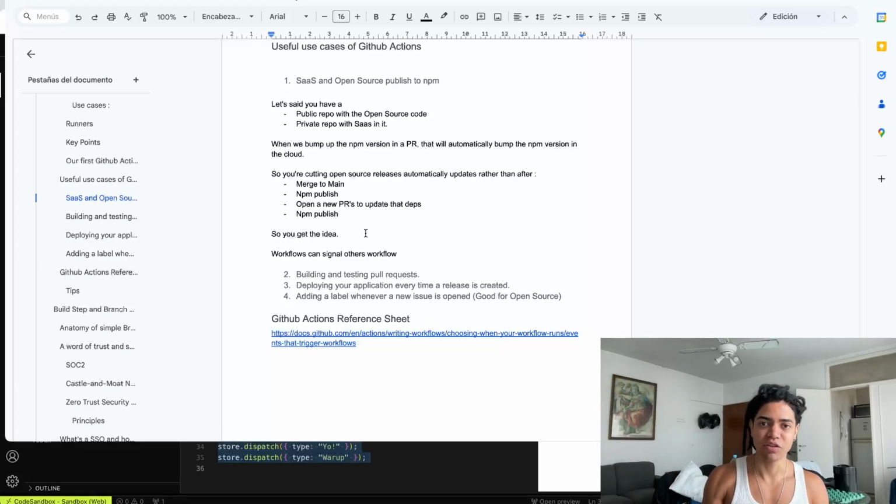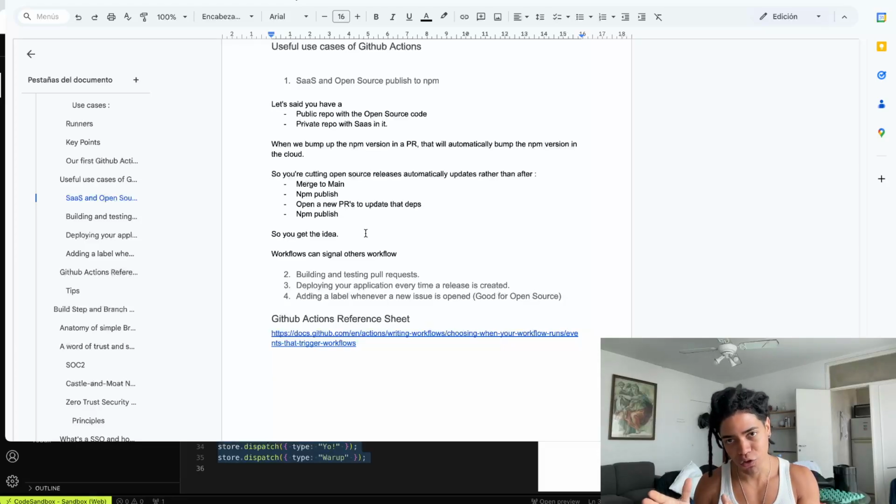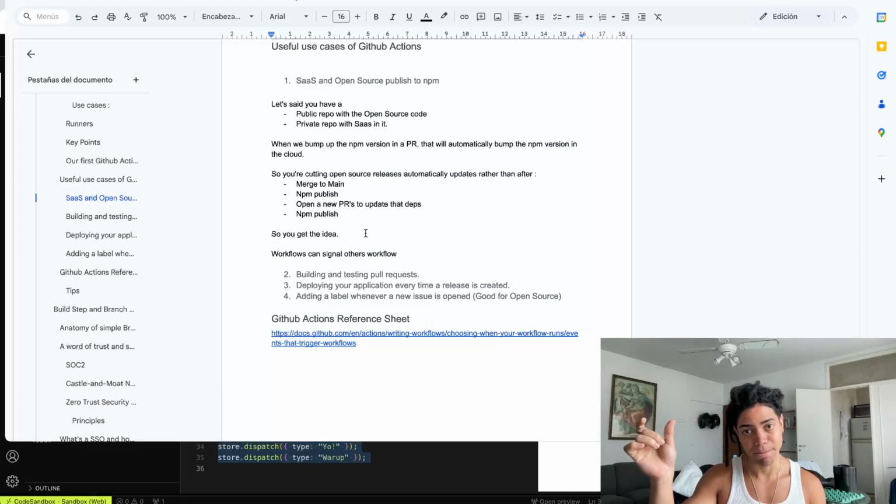So you don't have to merge, which means you don't need to do what you had to do back in the old days, which is create a PR with those changes, merge that to main, and then go and do an npm publish.